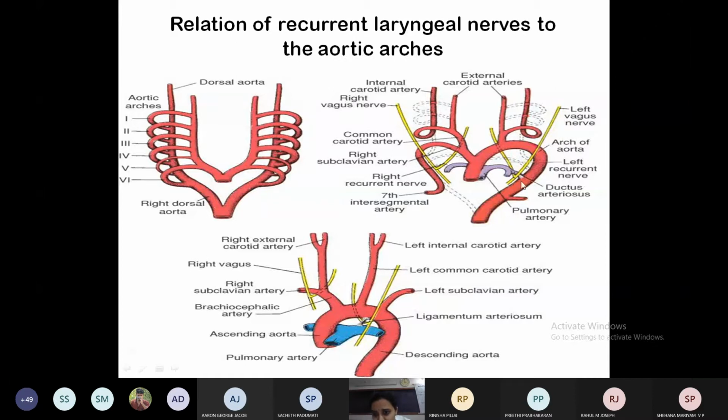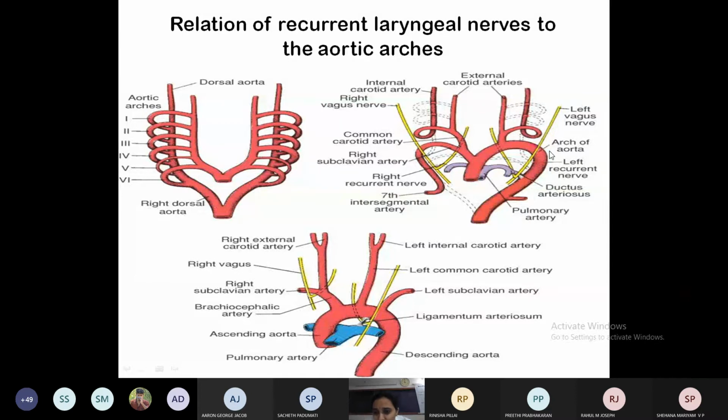Whereas on the left side, the ductus arteriosus will be there, which is converted into ligamentum arteriosum. As this will not disintegrate, the left vagus will give a left recurrent laryngeal nerve which will wind around the ductus arteriosus.